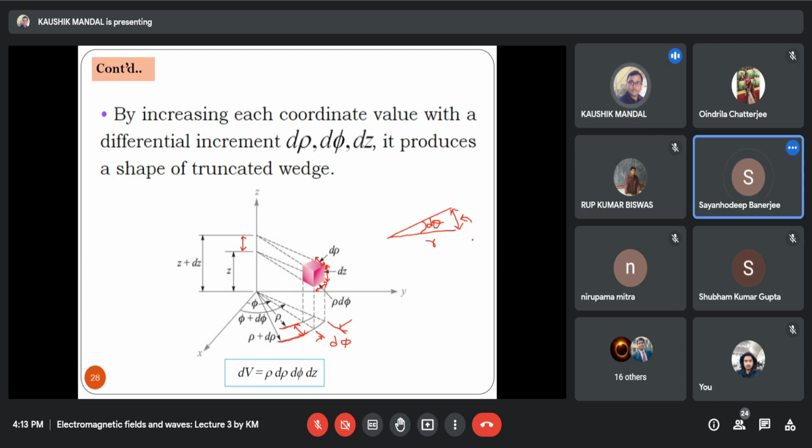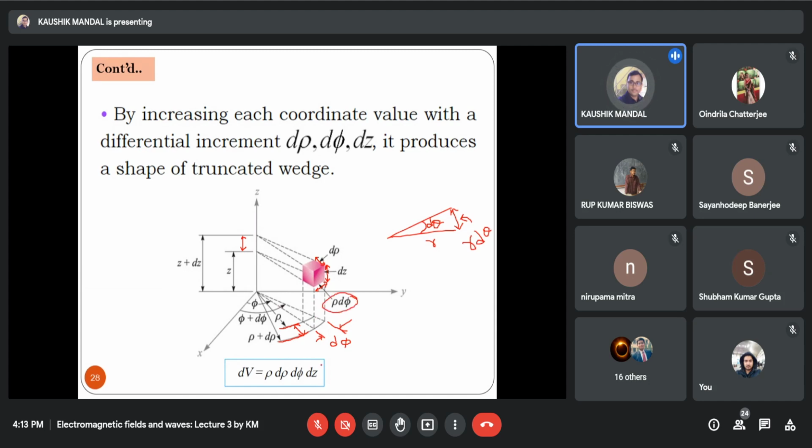R d theta, correct. Here R means rho. Along this axis it is rho, and the increment in the angle is d phi. So it becomes rho into d phi.